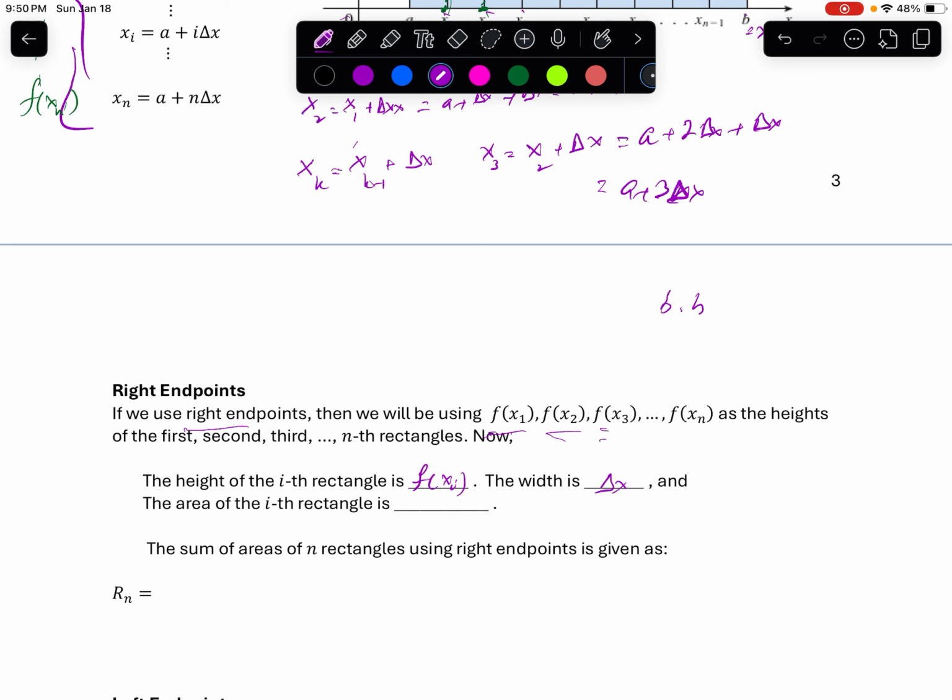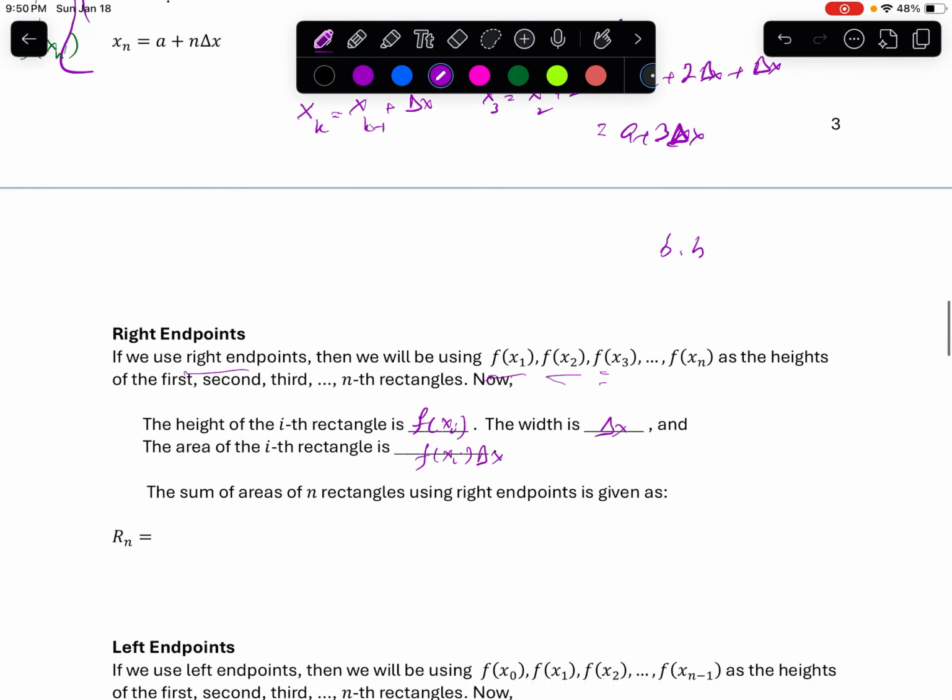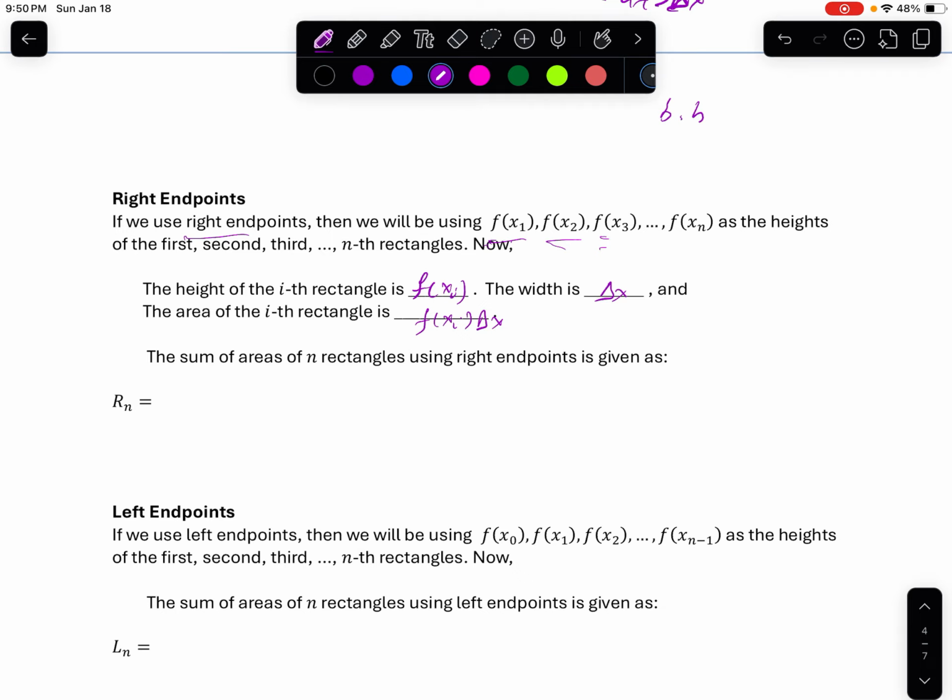So here we will say the area of the ith rectangle is f of xi times delta x. So now the sum of all the areas will be f of x1 delta x plus f of x2 delta x plus dot dot dot plus f of xn delta x.